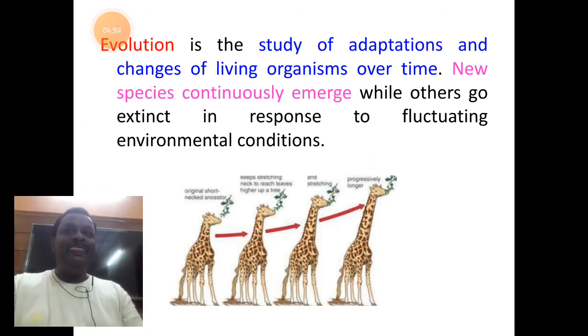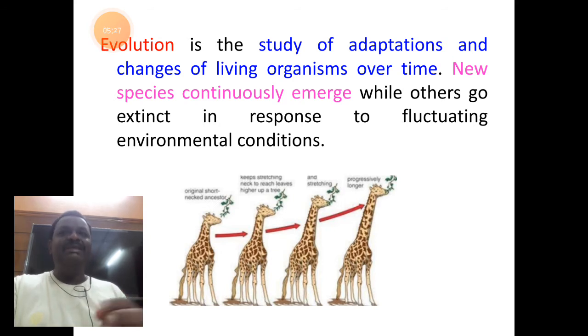As we all know, evolution refers to the study of adaptations and changes in the organisms over a period of time. It is due to the changing environments that the organisms face. Evolution results in the formation of a new species of organisms, which we generally call speciation.